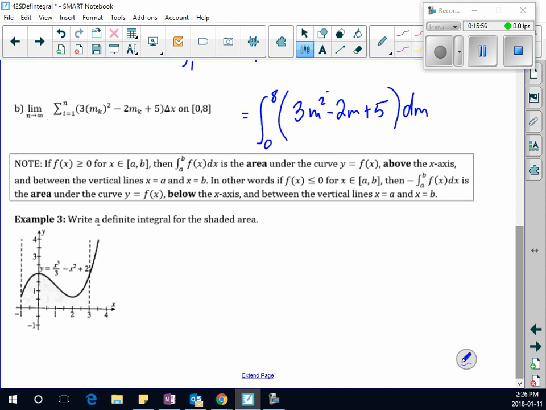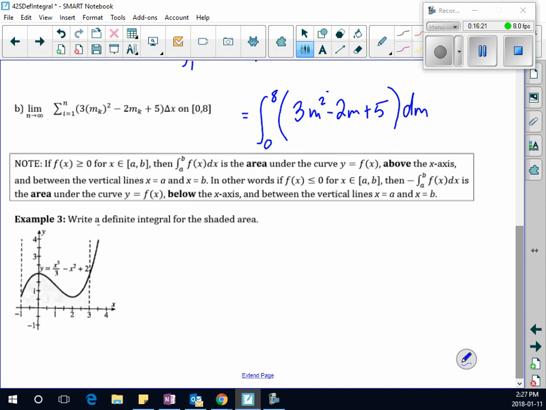In other words, if f of x is below the x-axis, then in order to find the area you need to use minus the integral. If you don't, you'll end up subtracting the areas and you'll have a net area instead of a total area.